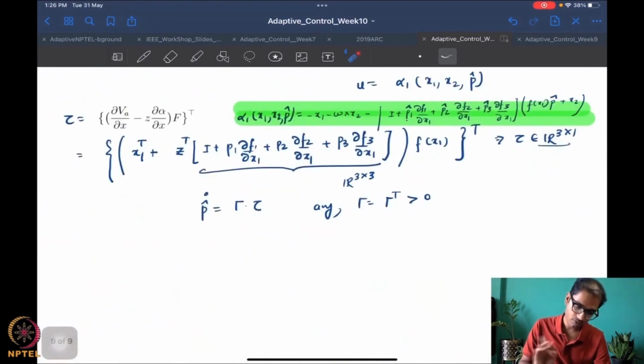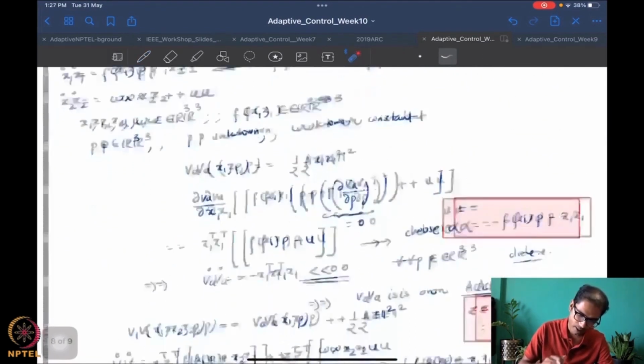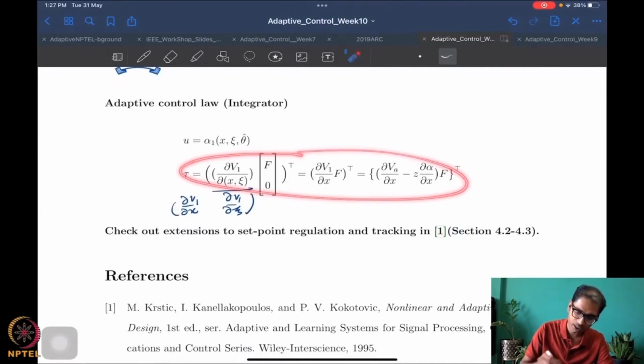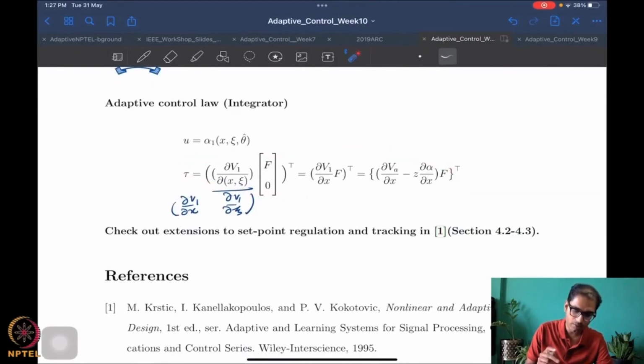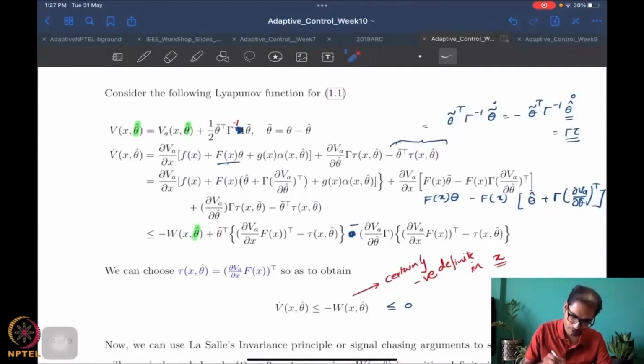Alright, so this is what would be your update law, and of course this is not a P. I'll have to replace the P by the hats again, because of course they are unknown, right? So this is essentially what you have, and all the taus get replaced by the hat variables, and that's of course coming from this.